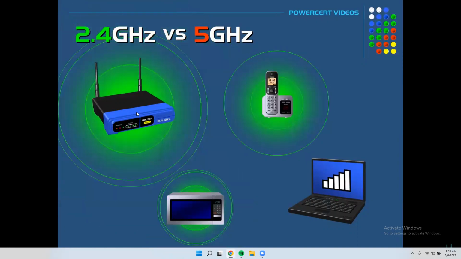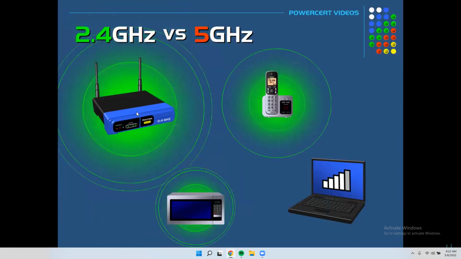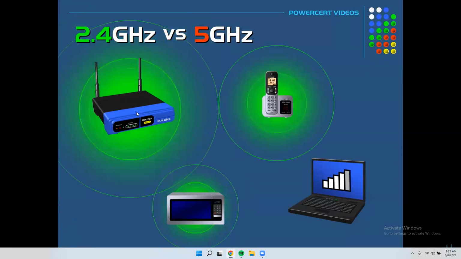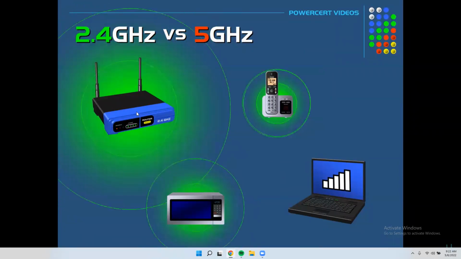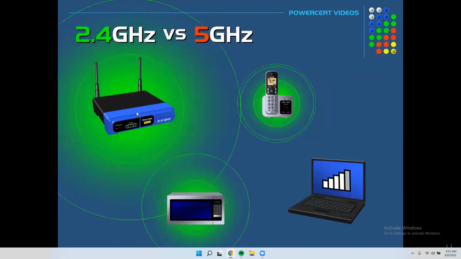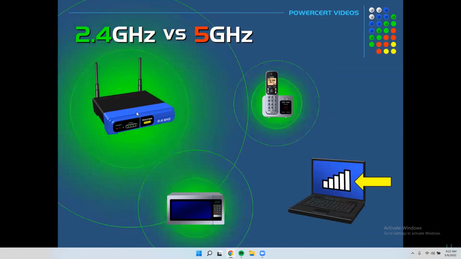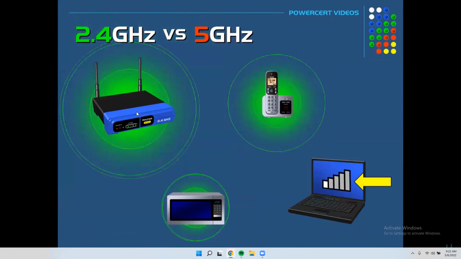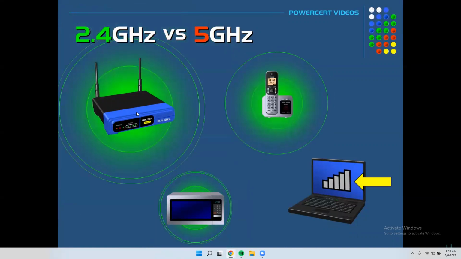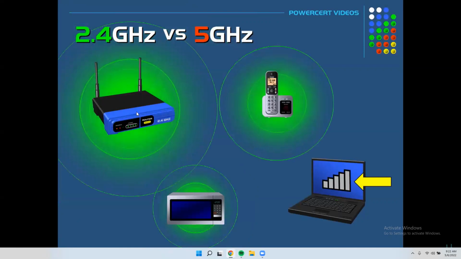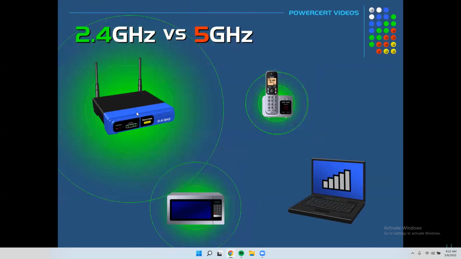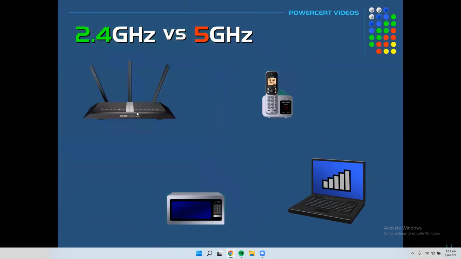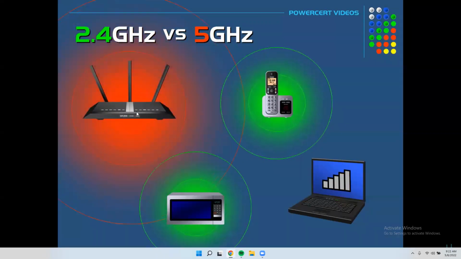And this became a problem because so many other devices use the 2.4 band, the signal became overcrowded and was causing a lot of interference with Wi-Fi signals. When this happens, it slows down the Wi-Fi network speed and sometimes could cause you to lose connection to the Wi-Fi router. So that is why the 5 GHz band was added.